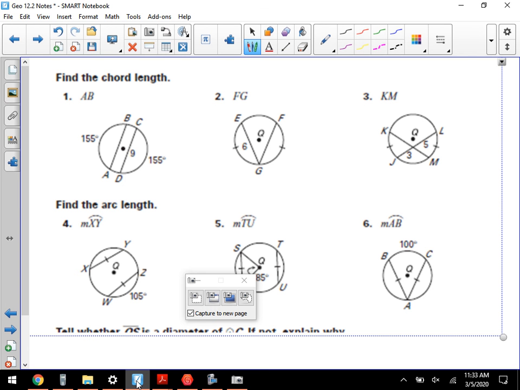Are the arcs the same? Yeah, as you would say. So are the chords the same? So if one of them is 9, what is the other? 9. Okay.